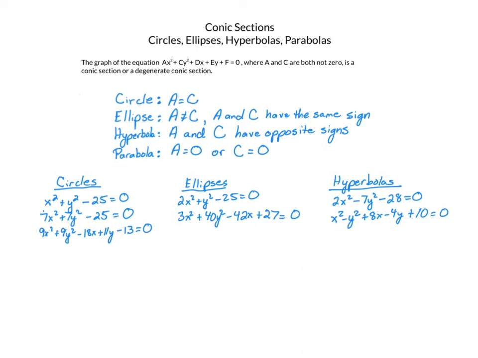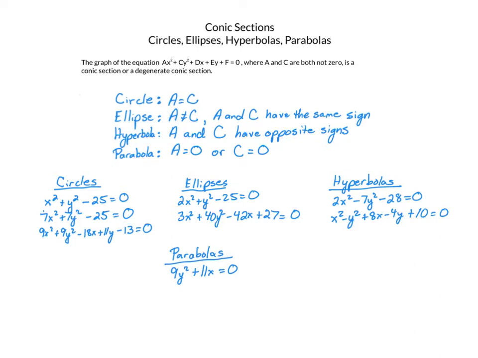And finally, let's look at the equations of some parabolas. Here's one: 9y squared plus 11x equals 0. If we were to graph that, we would see a parabola. Notice in this case, we have a c value that's equal to 9, but the coefficient of x squared has become 0.